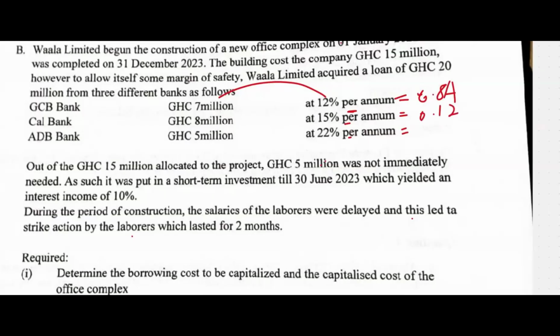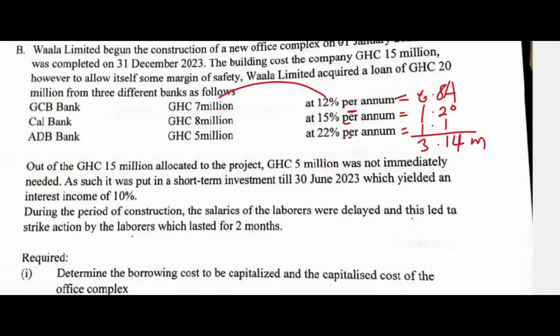Then 22% on 5 is 1.1. So am I going to add all these? I'm going to have 3.14 million. This is the total interest for the year.